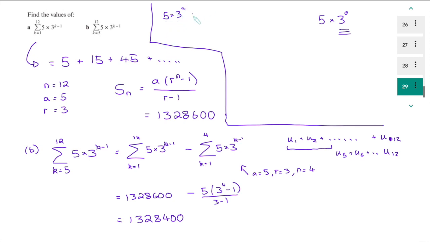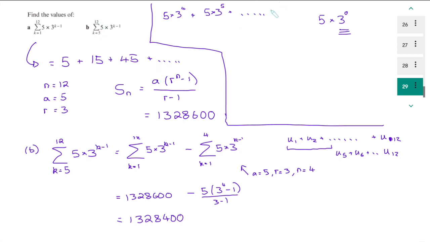And then we're going to carry on, and it's going to be just the same. What we're doing is still multiplying by 3 each time. So my second term is 5 times 3 to the power of 5, and so on. Okay, so we're going to add all those up, and we're going to go up to when k equals 12.